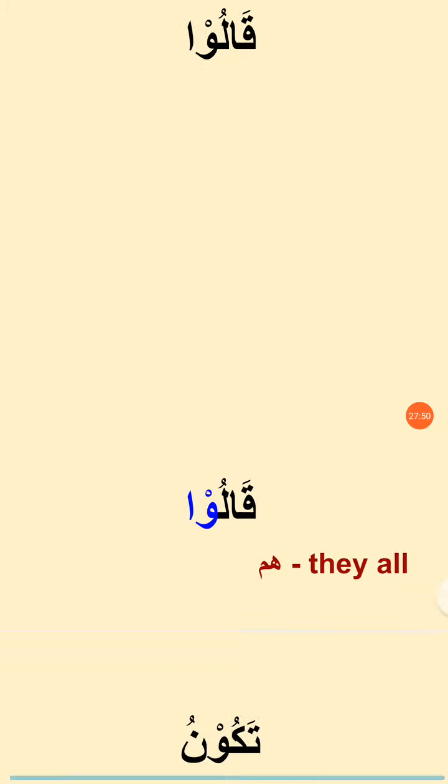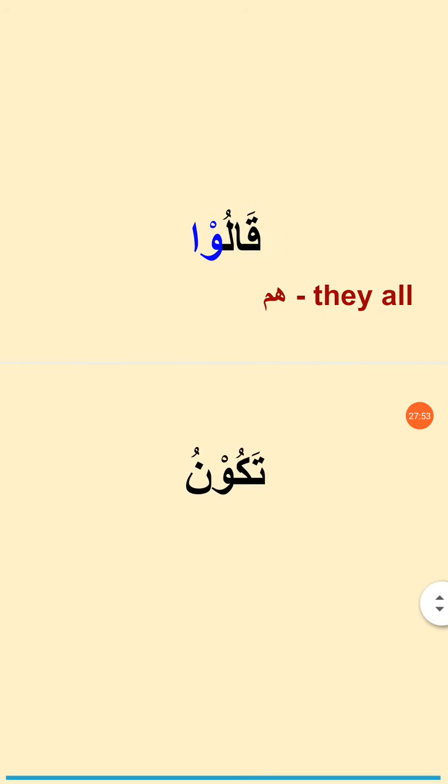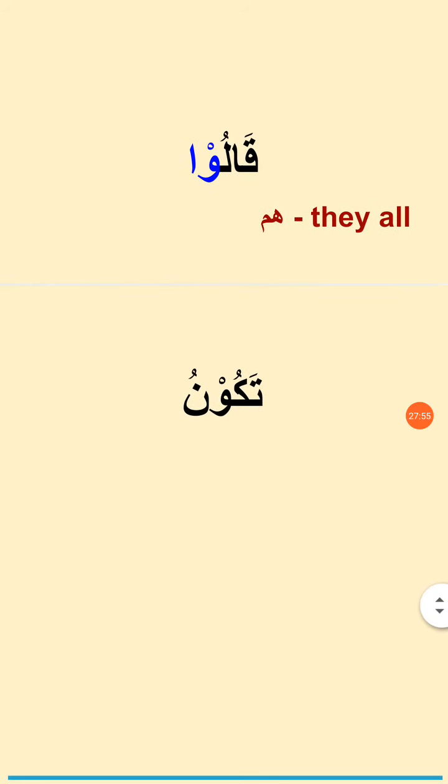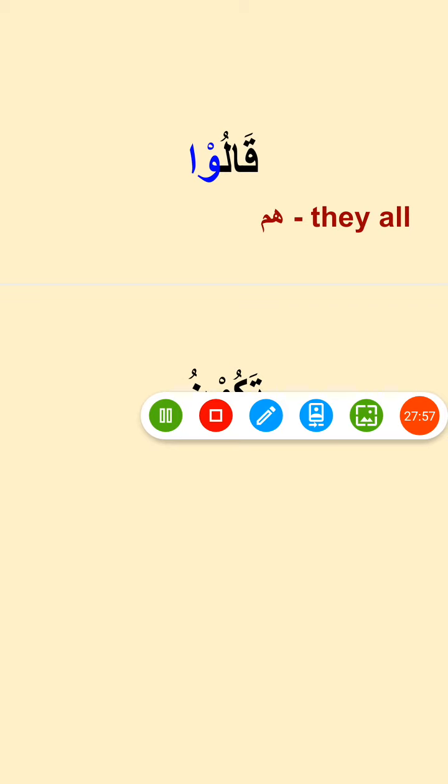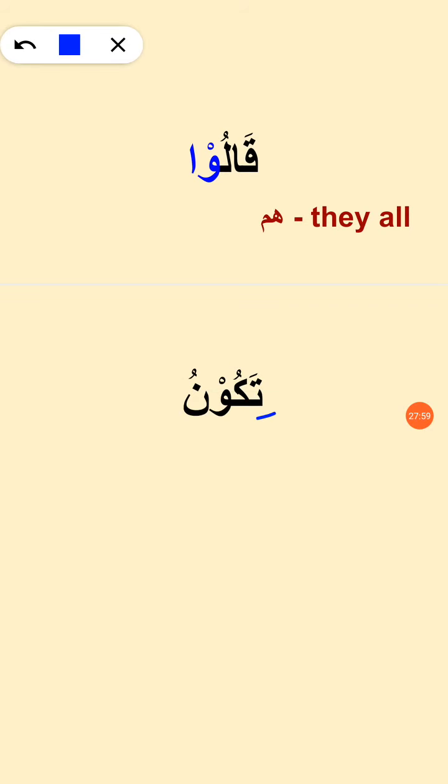All right, next you have takunu. The first add-on is ta. Do you see any second add-on? I hope you're saying no, because this noon has dhamma on it, not fatha.